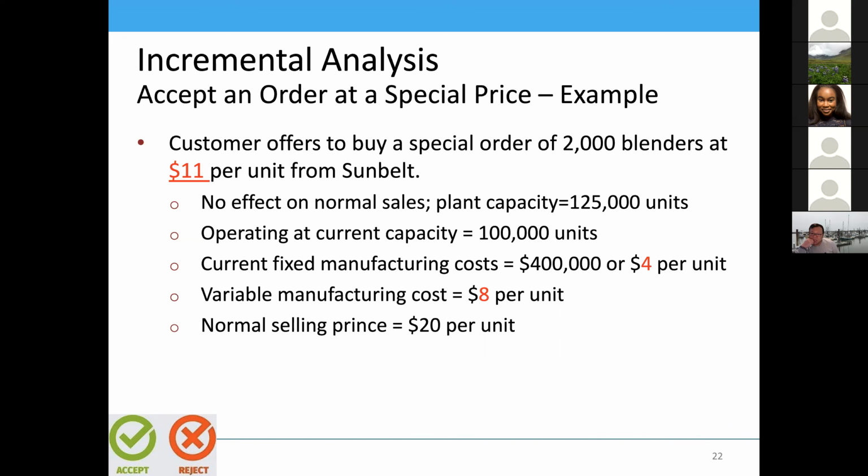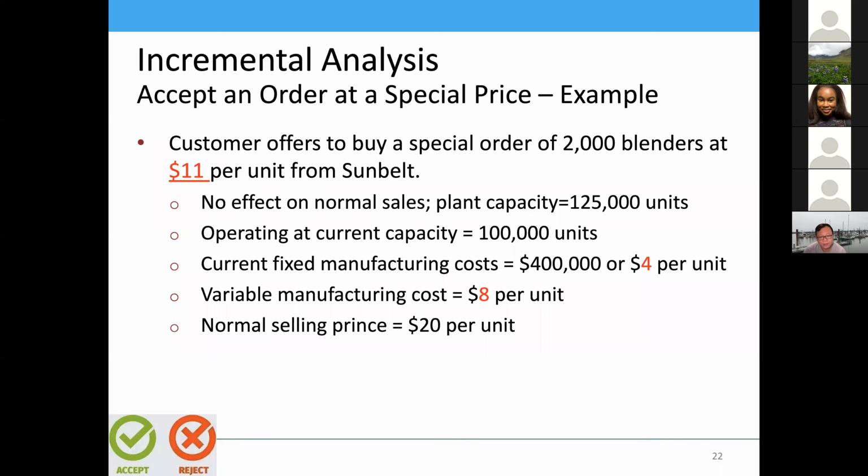Because the order price will be 11. That's the selling price? Yeah, the selling price is 20, but the variable manufacturing cost is 8. Okay. Yeah, and 11 is just $3 that you have there.